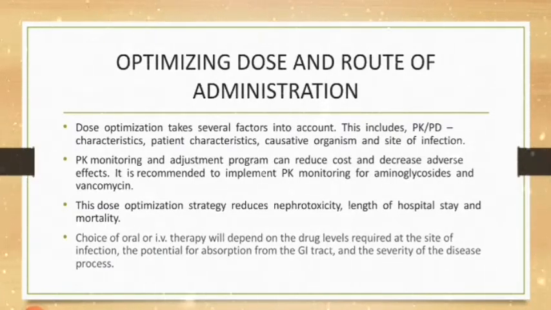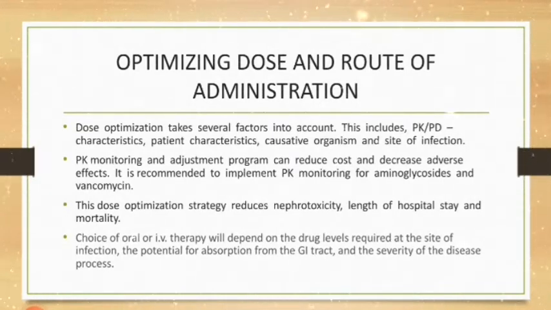Optimizing dose and route of administration. Dose optimization takes several factors into account. This includes the pharmacokinetic and pharmacodynamic characteristics, patient characteristics, causative organism, and site of infection. A pharmacokinetic monitoring and adjustment program can reduce cost and decrease adverse effects. It is recommended to implement pharmacokinetic monitoring for aminoglycosides and vancomycin.